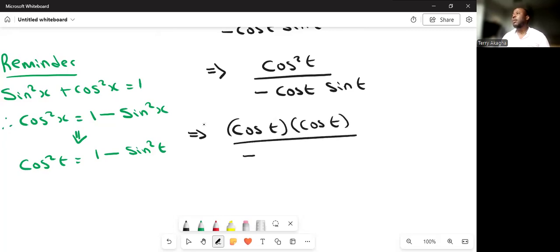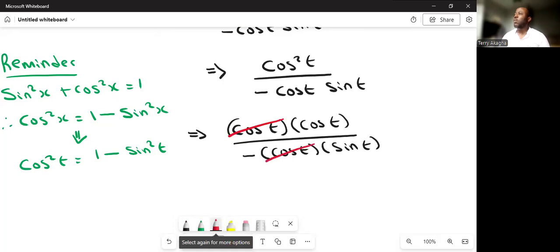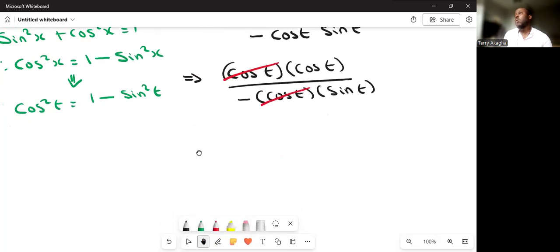Divided by minus cos t sine what? Sine t. Are you seeing it? So one of these cos t, we cancel this cos t here. And then this is going to be equal to cos t divided by minus sine what? Sine t, okay?